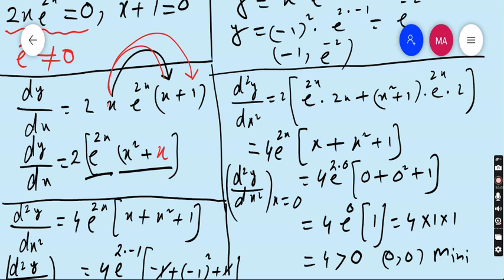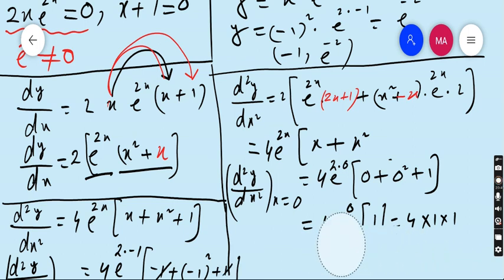And now e^(2x) into 2x plus 1, this should be 2x plus 1, because the x² derivative is 2x and the x derivative is 1. Similarly, put x over here. Now these steps are not correct, so I am erasing these 4 steps.